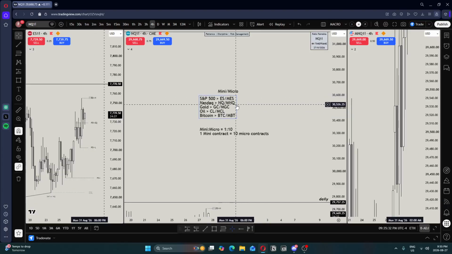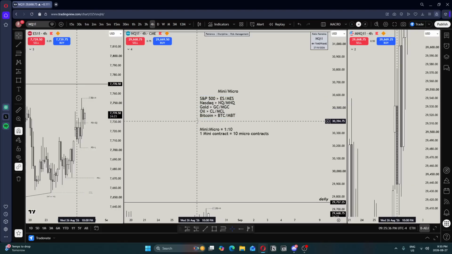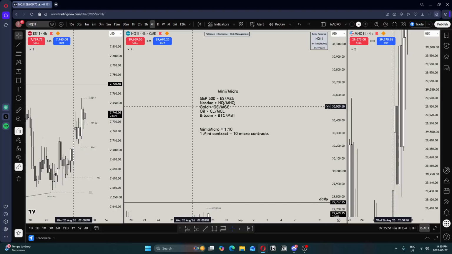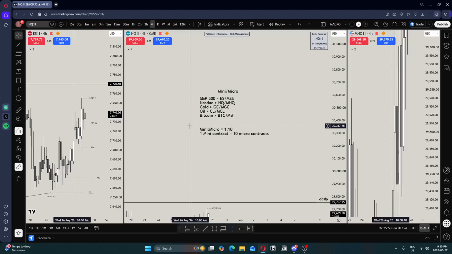These are the ticker symbols for these main marketplaces. For the S&P 500, the mini contract is ES. The micro contract is MES, which is the micro S&P 500. For NASDAQ, it is NQ, with the micro variant being MNQ.